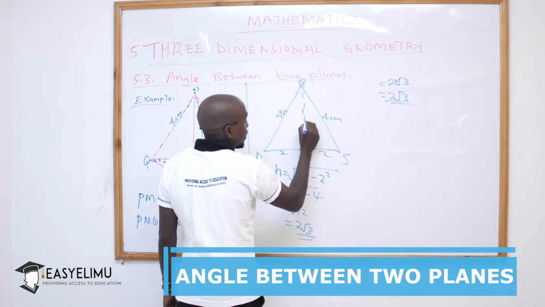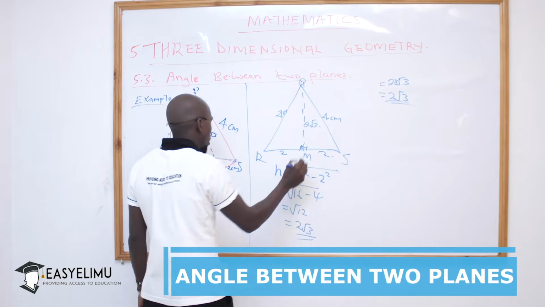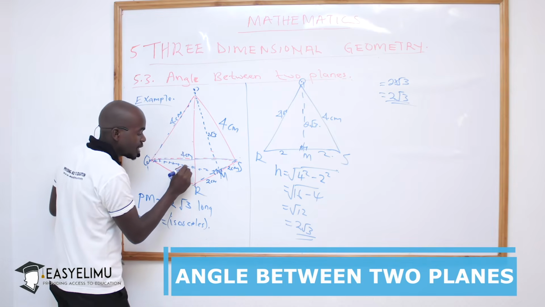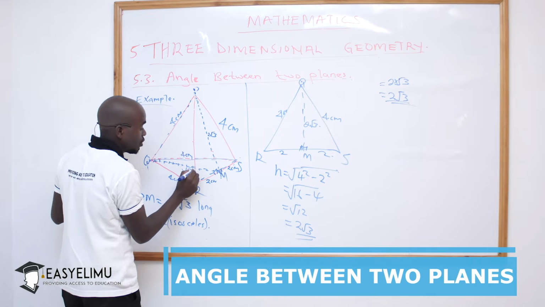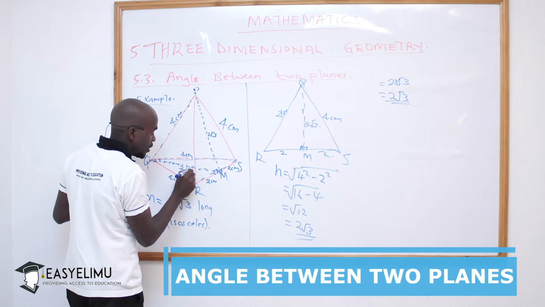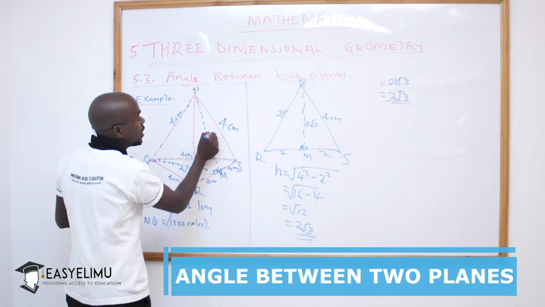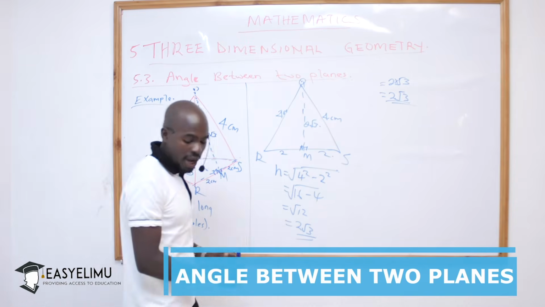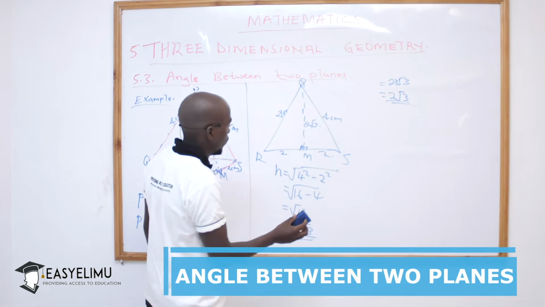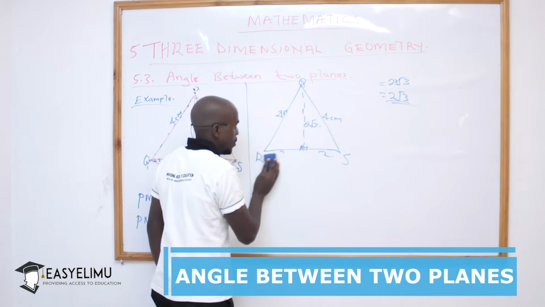So we can denote that this is 2 root 3. And the lower part of this base is also giving us 2 root 3, so we are deducing a type of triangle where, okay, we have finished here, we can rub.